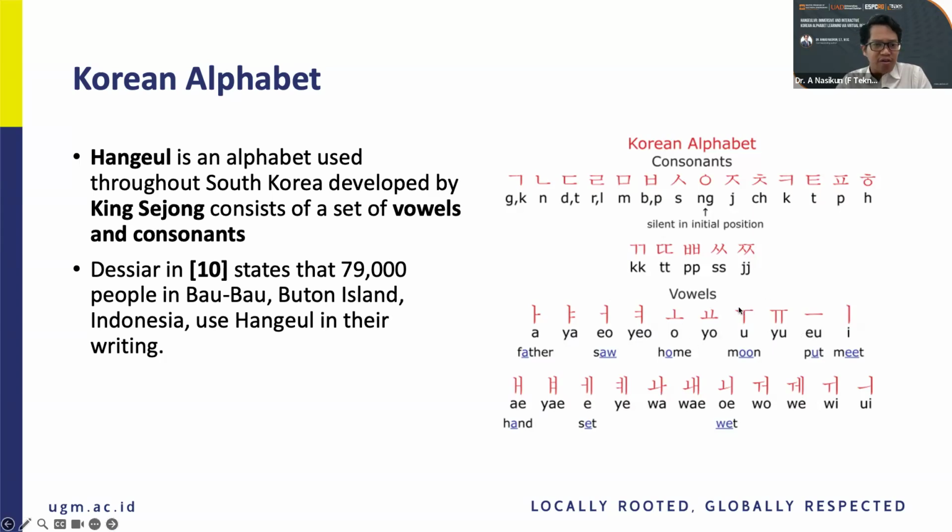Not only in Korea, though. In Indonesia, there is an island in Buton called Bau Bau, in which almost 80,000 people use Hangul for their writing. So that's about the Korean alphabet, the subject that we are going to teach the students.